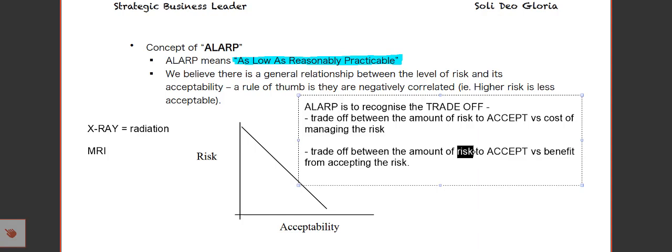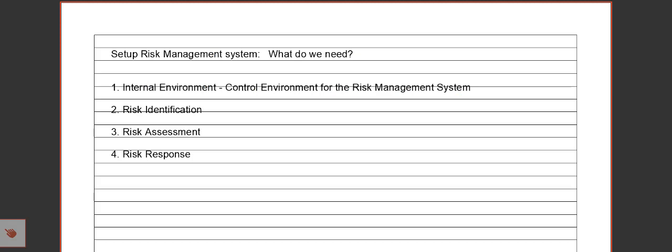Now that is ALAP. So the concept of ALAP is important because ALAP deals with the risk that we're going to take. Now that is the first stage. So in risk management, we have to talk about our control environment.